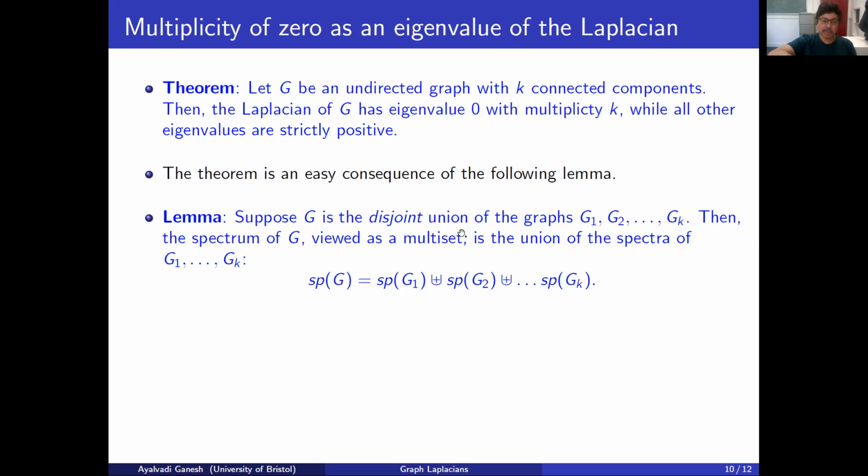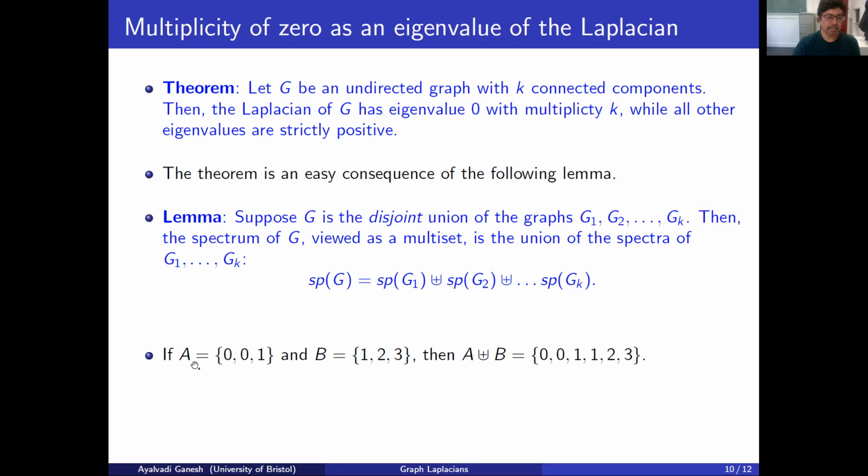Repeated eigenvalues are written as many times as they are repeated. Then the lemma says that the spectrum of G is the union of the spectra of G1, G2 through Gk. And this notation, union with a plus sign within it, says we should take the union as multiset. So we should keep track of the multiplicity.